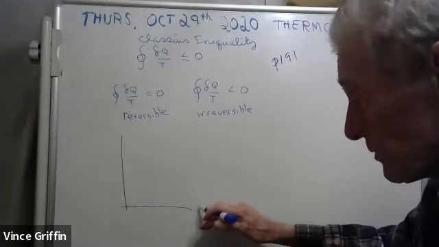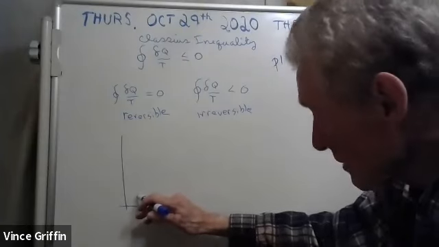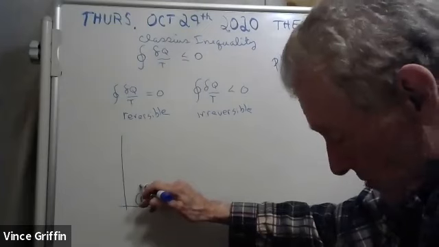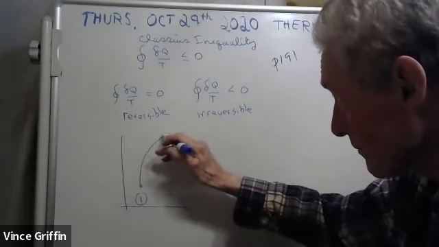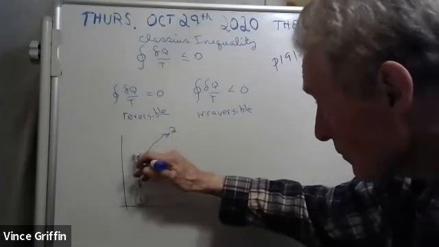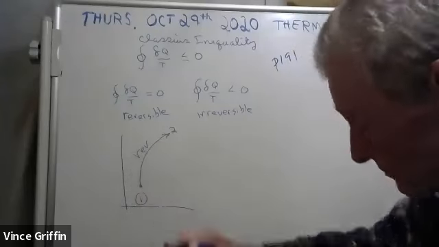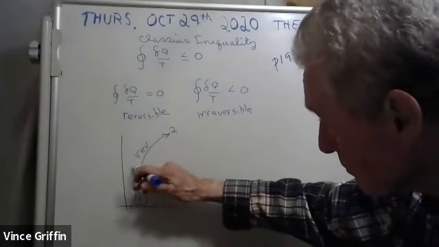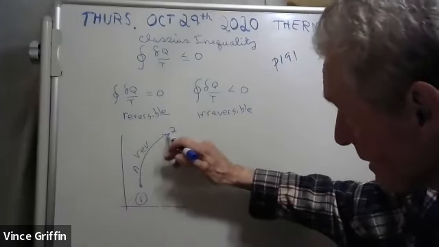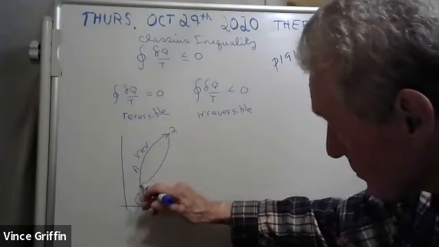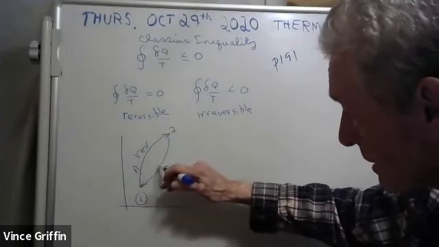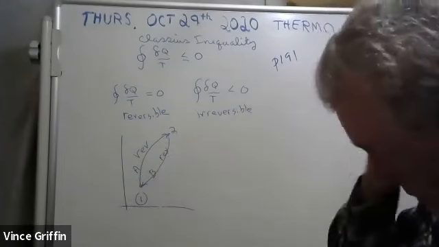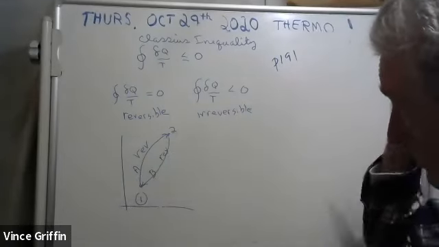like on a PV graph. This could be a PV graph. And here's a process going from state 1 to state 2 on a reversible process. And then they came back, they call this process A, and then they came back from state 2 back to state 1. They made a cycle, and it's reversible also, and they called that process B. And then they wrote the cycle.